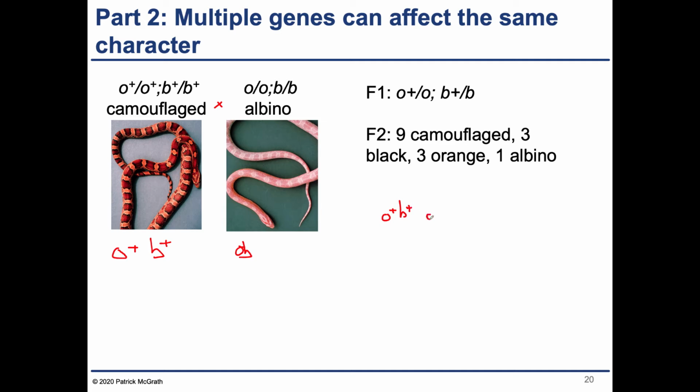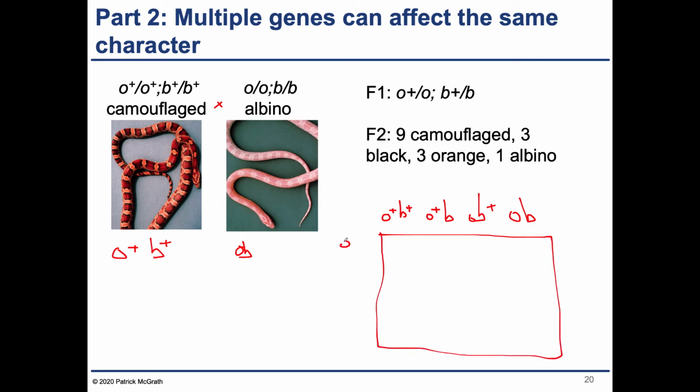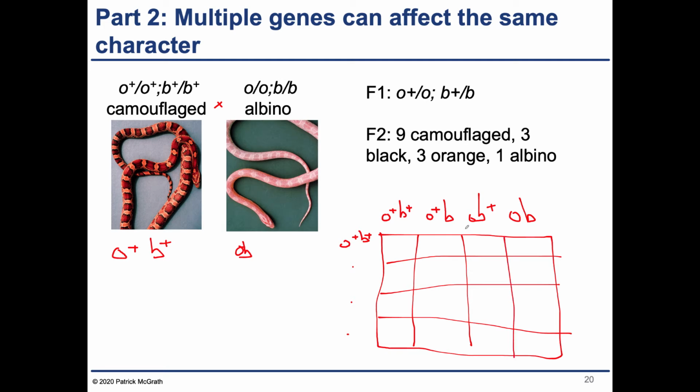And what you'll find is that there are 4 gametes. And you'll end up having a 4x4 square. And then the exact same thing here. And so just like in the example of a dihybrid cross, I will let you do the actual Punnett square.